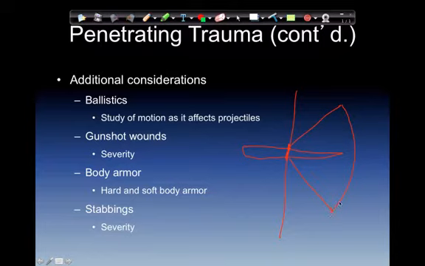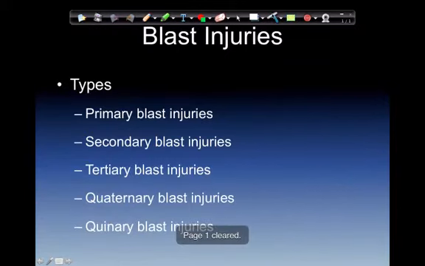Now if that was in soft tissue, say over the lung, I could have lung injuries anywhere in this area, depending on the angle that the attacker actually took the knife.